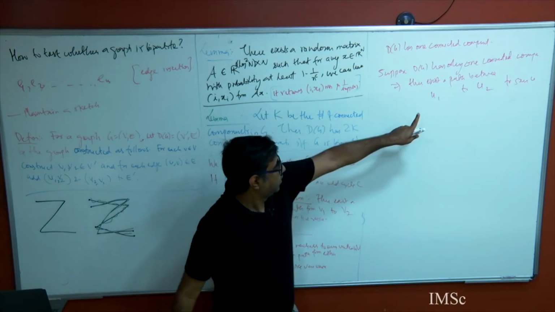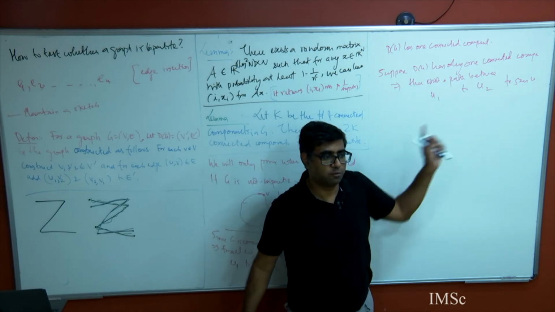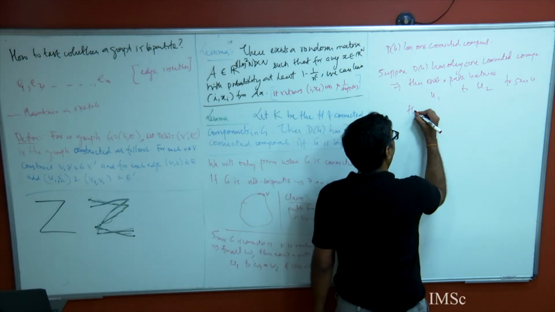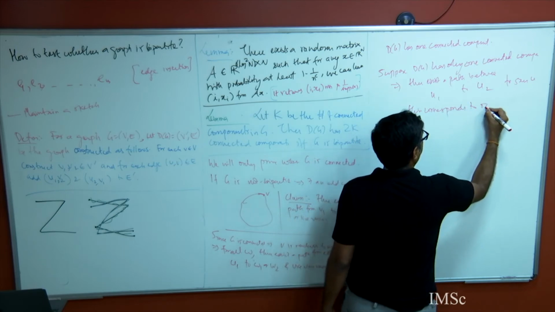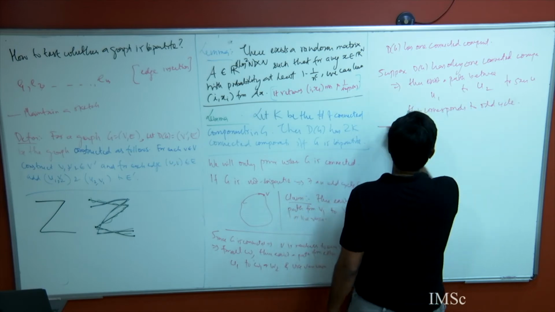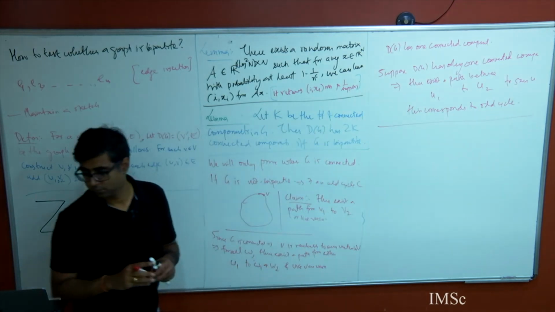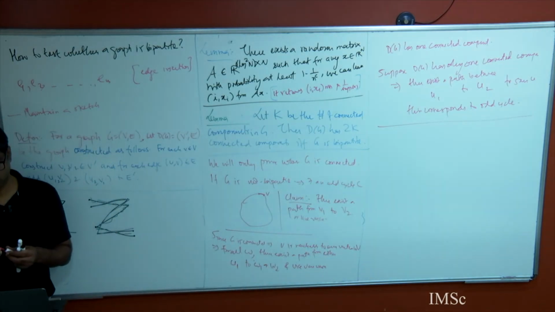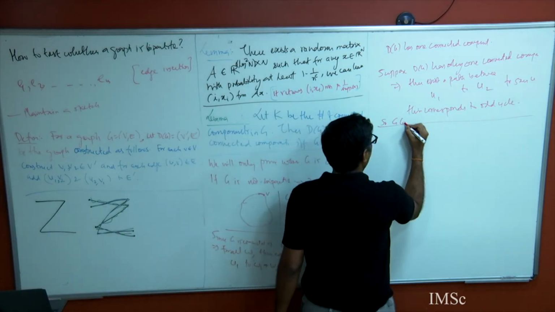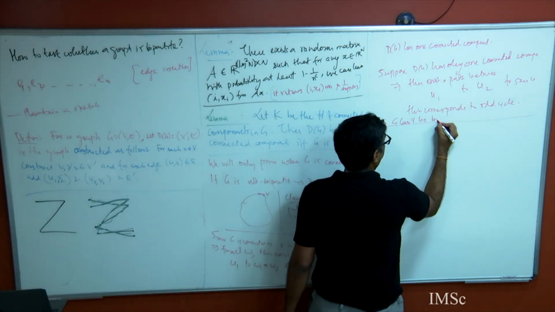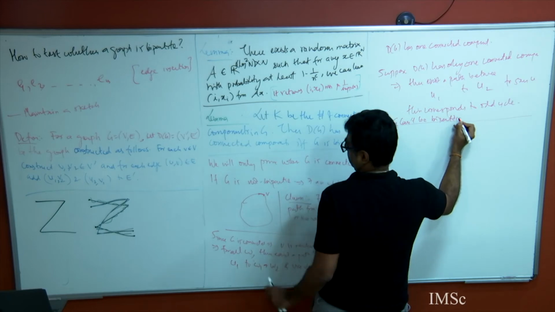This path from U1 to U2 corresponds to an odd cycle. Done. So G can't be bipartite. So we have shown this lemma.